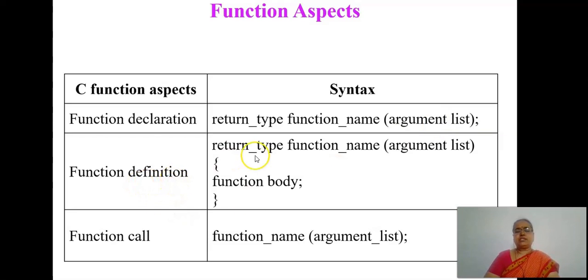Then function definition: this has a return data type and function name. Similar to the declaration, we have to define the functionality of the function, what we want to do. That is called the function body. Then we have the calling statement: function name followed by argument list.